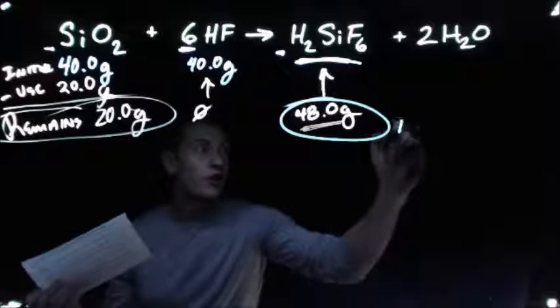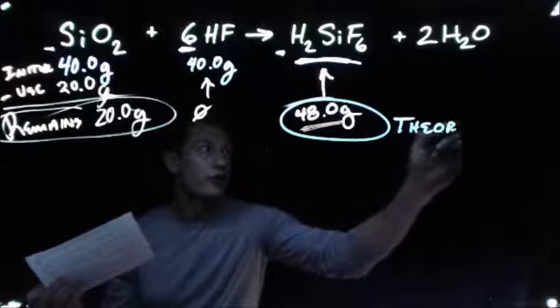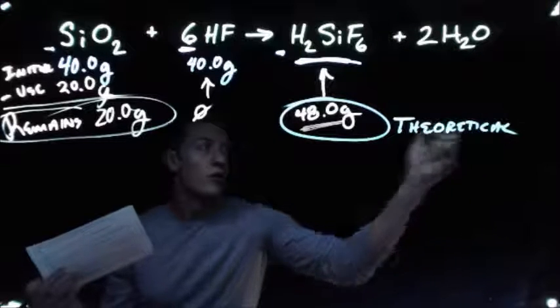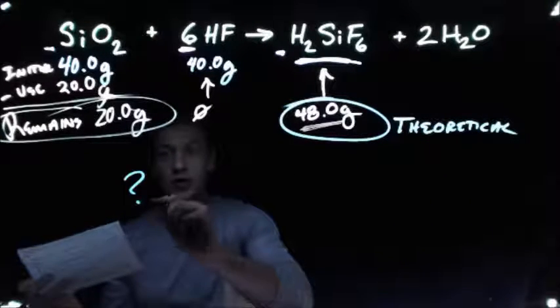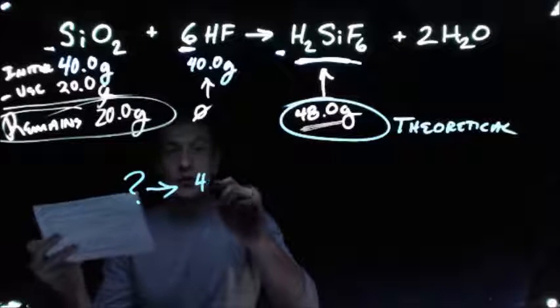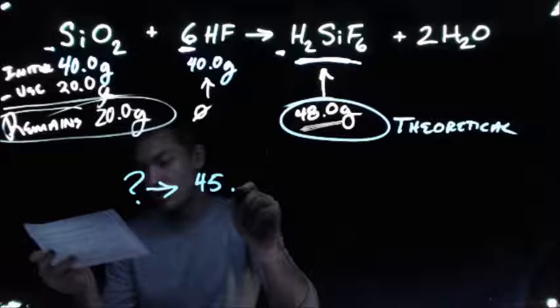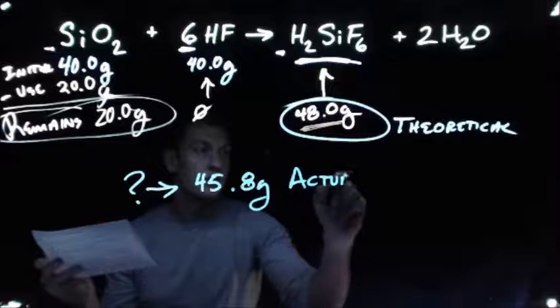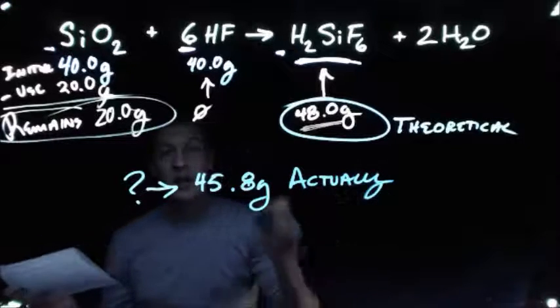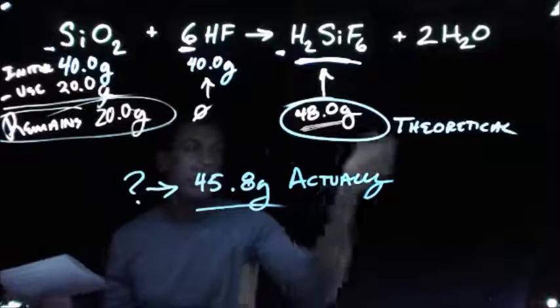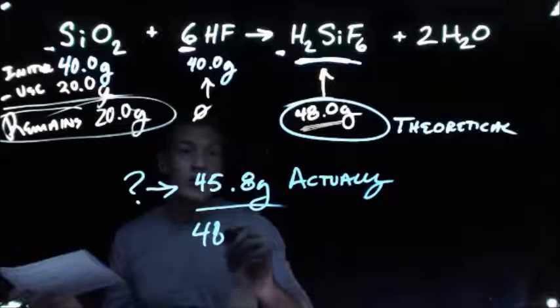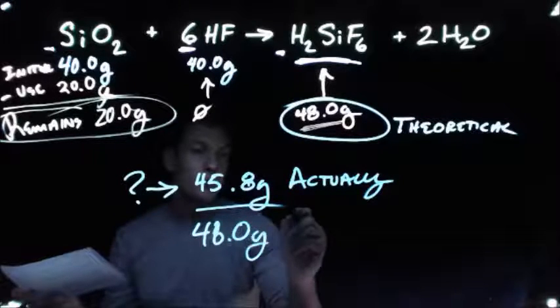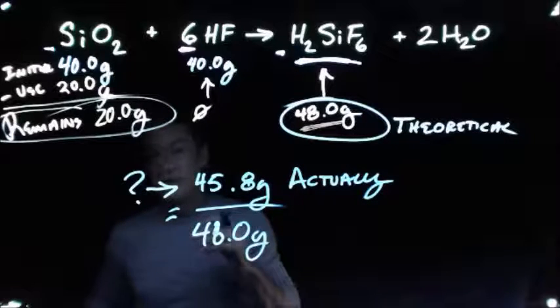So this is our theoretical yield. From the question, it told us that 45.8 grams were actually obtained. And so 45.8 divided by our theoretical yield of 48.0, well, that was a pretty darn good reaction.